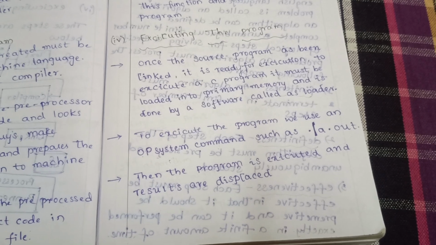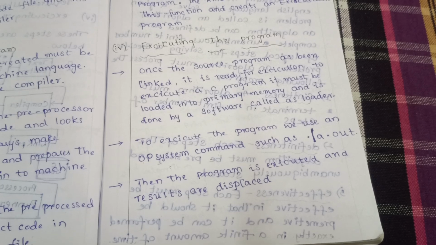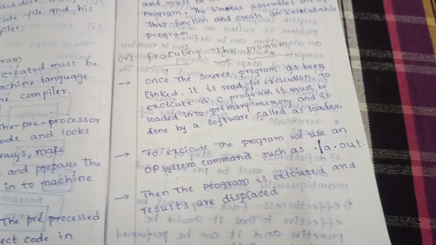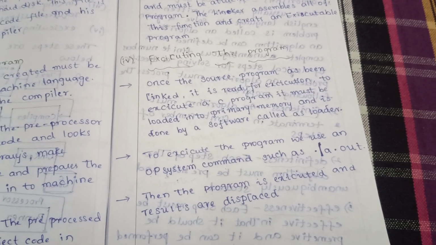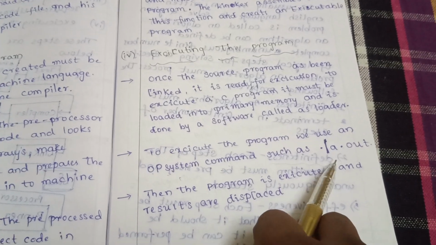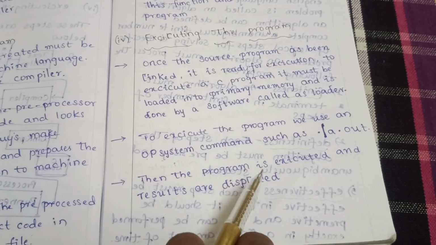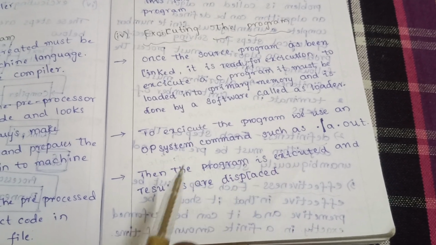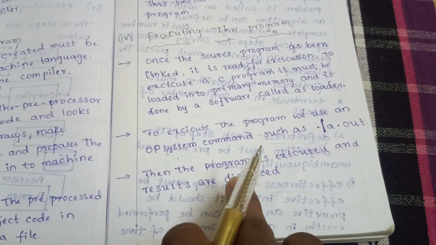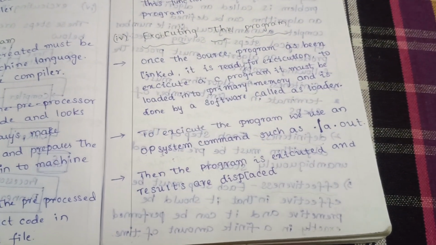After writing the program, we save and quit, then exit. Then we write gcc space file name dot c. At last we write dot slash a dot out. Then the program is executed and the results are displayed.